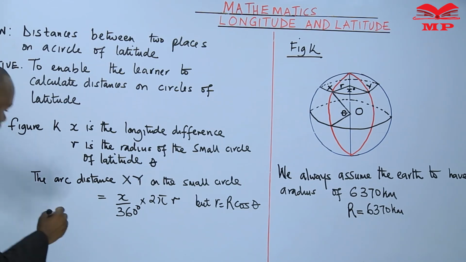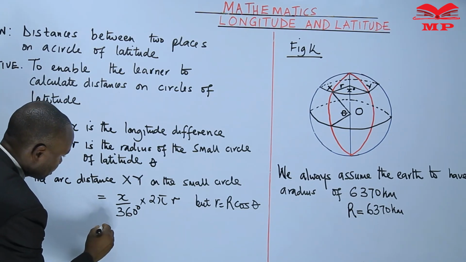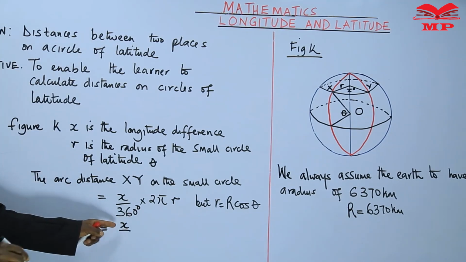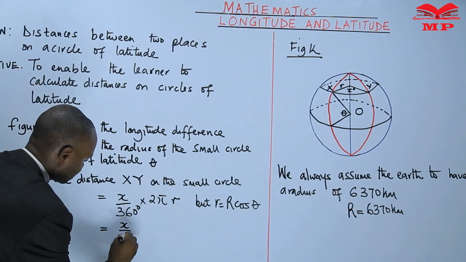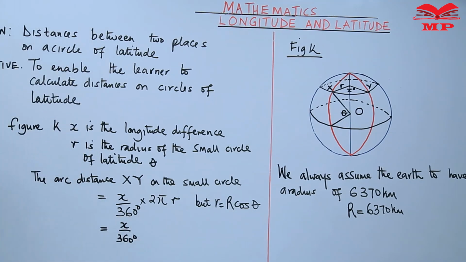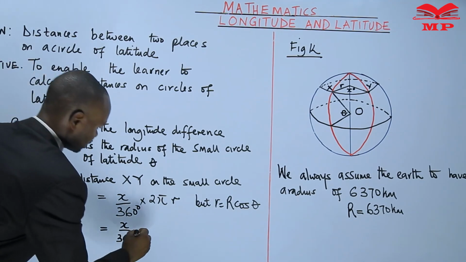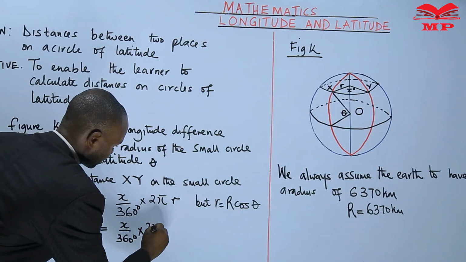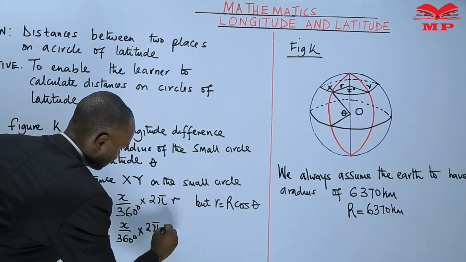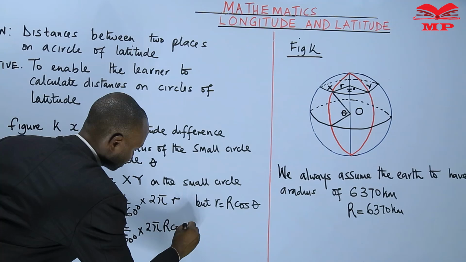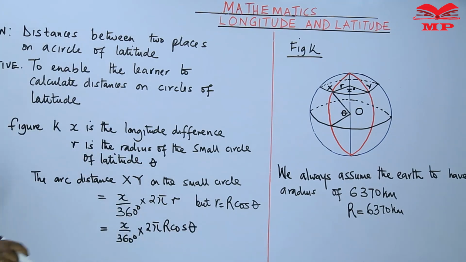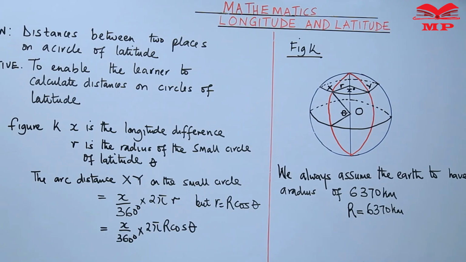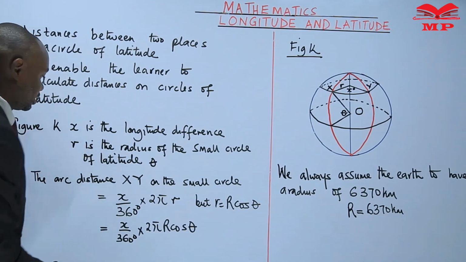So the distance XY will be equal to the longitude difference X divided by 360 degrees, times 2 pi R cos theta, where theta is the latitude of the small circle.